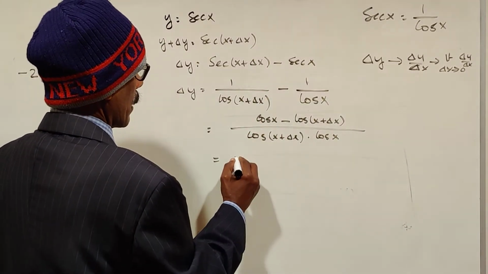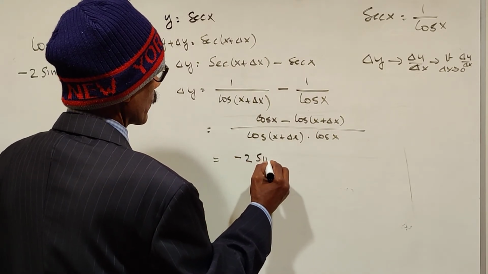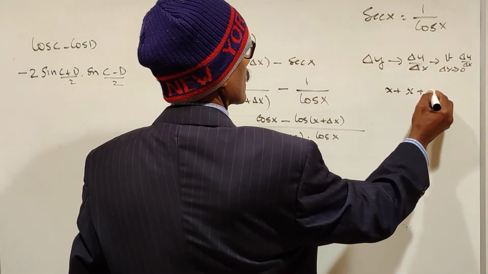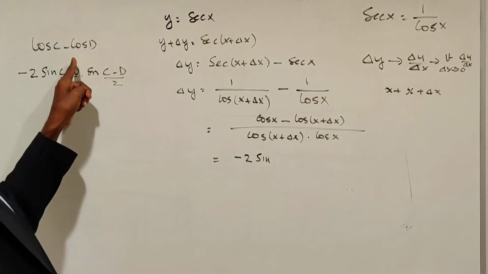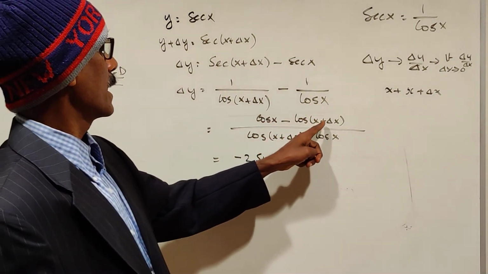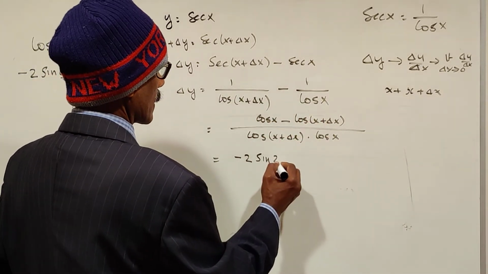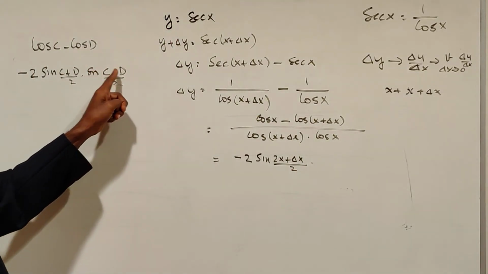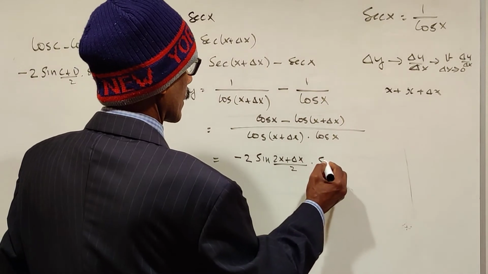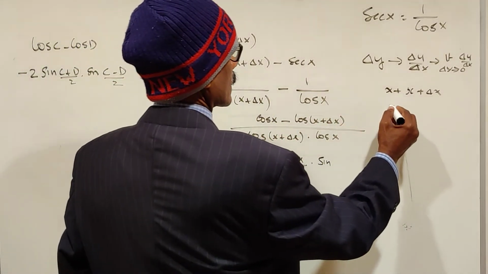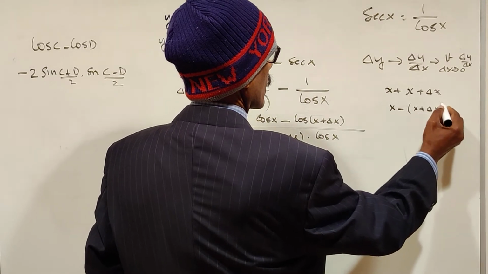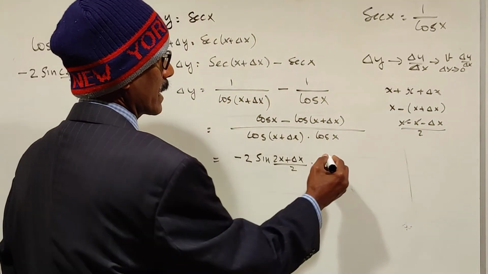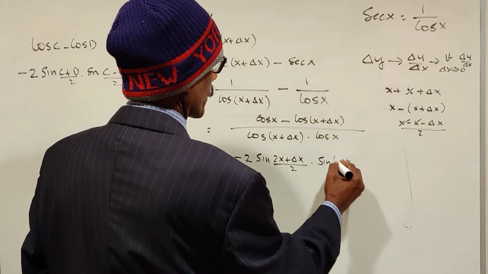Here c is x, d is x plus delta x. So x plus x, 2x plus delta x by 2, times sine of c minus d by 2, that is x minus x plus delta x, which is minus delta x by 2, x cancels.